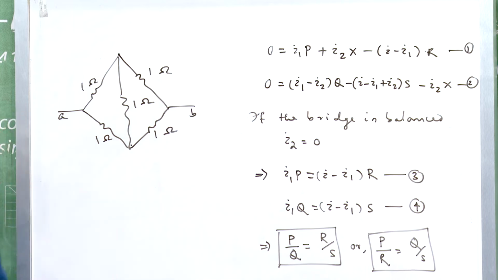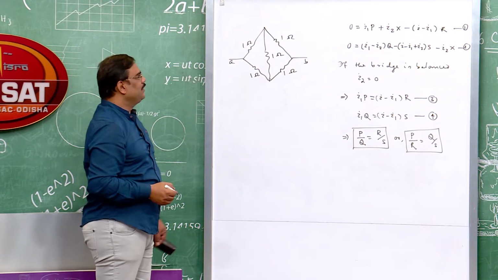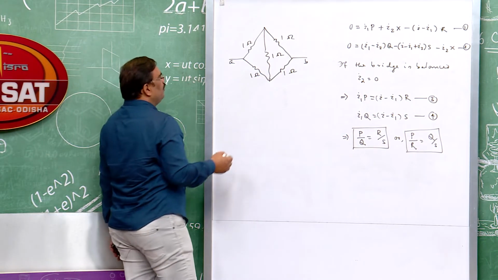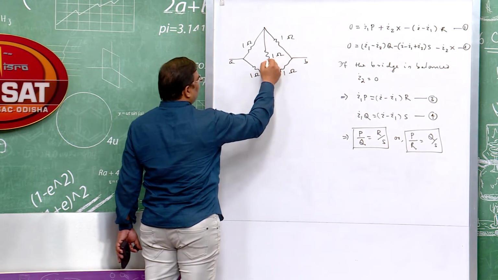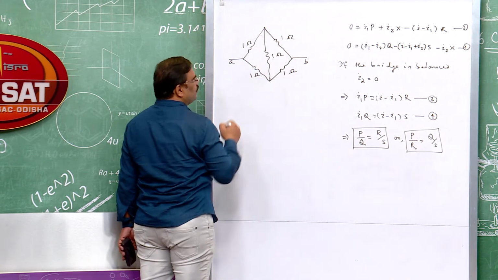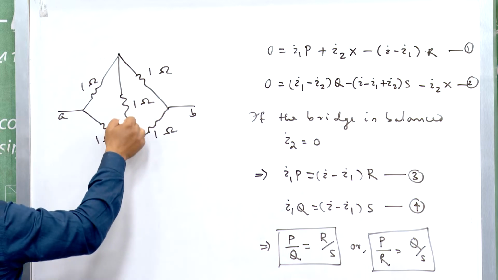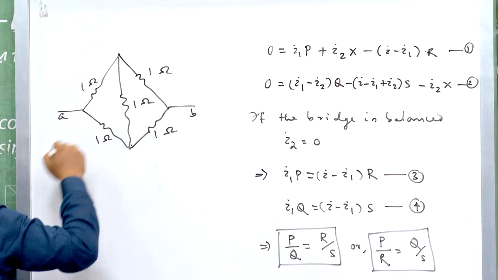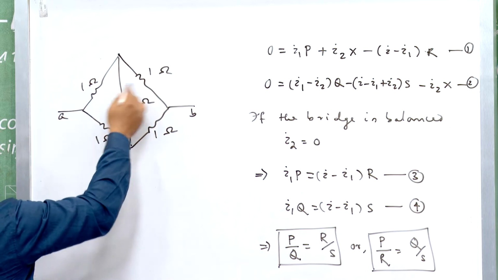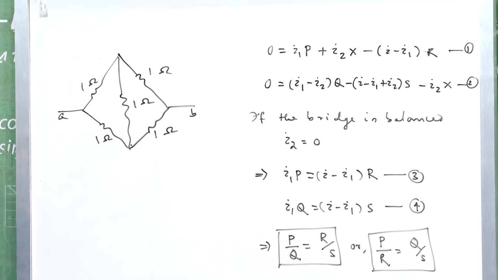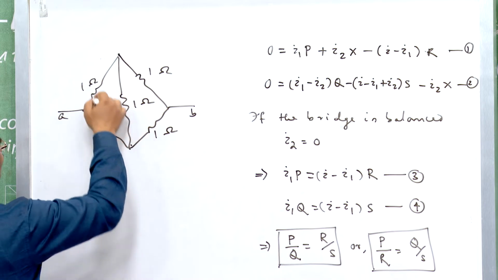So, if it is asked to find out what is the effective resistance between A and B, because of the central resistance 1 ohm and diagonal resistance 1 ohm, it is connected in such a way that we cannot say which resistances are in series and which are in parallel. So, therefore, what we get here is that this bridge is balanced.